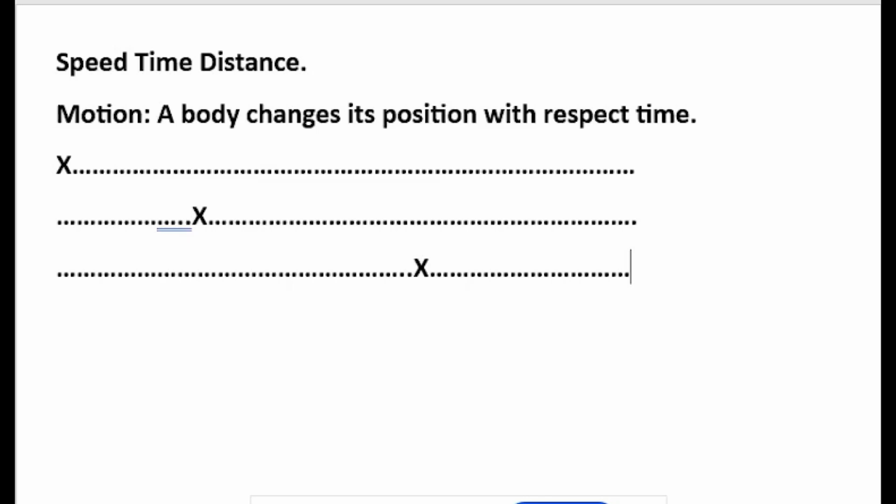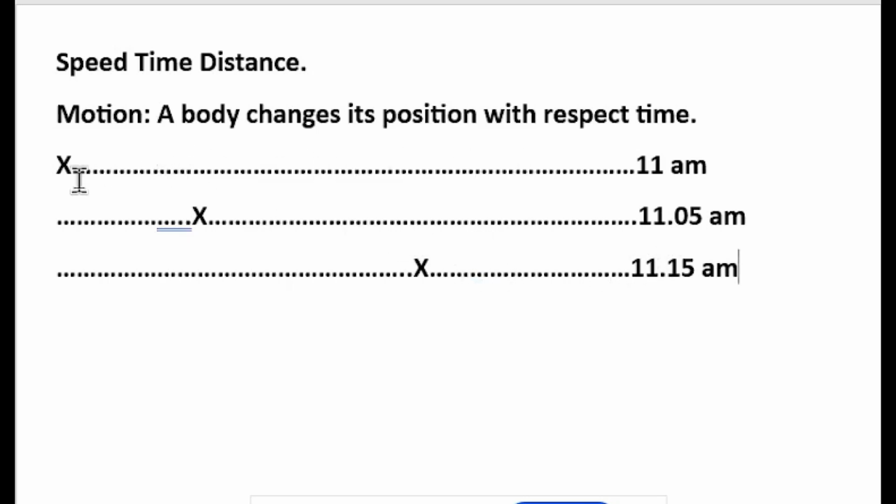If this is the position at 11 a.m., this is the position at 11:05 a.m., and this is the position at say 11:15 a.m. With time, the body will change its position. Then it is motion.